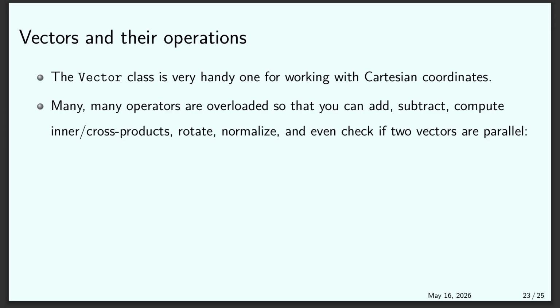I know the cross product and the wedge product are not the same, but they are very alike. You can also rotate vectors with a right shift, normalize them with a method I'll show right now, and even check if two vectors are parallel.